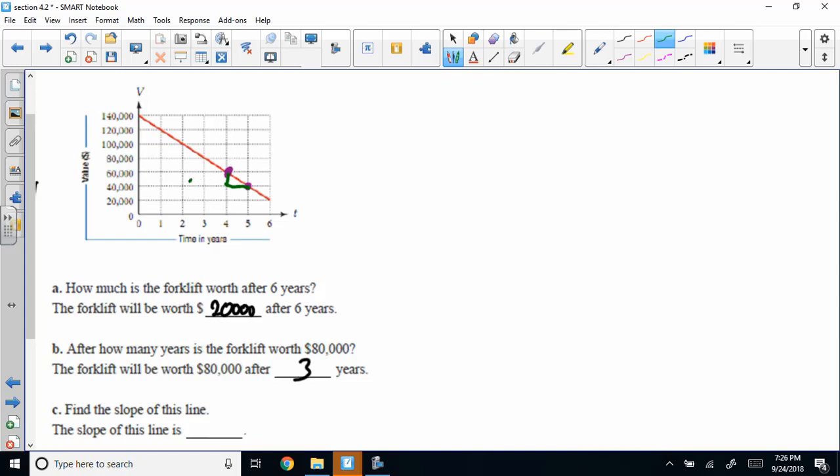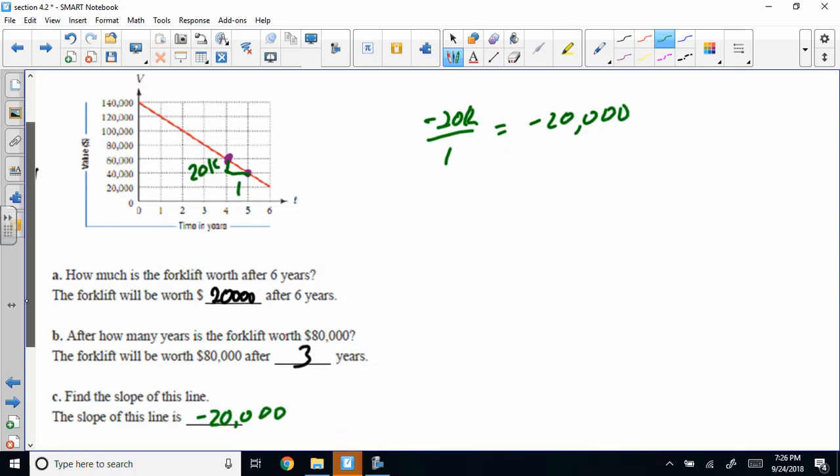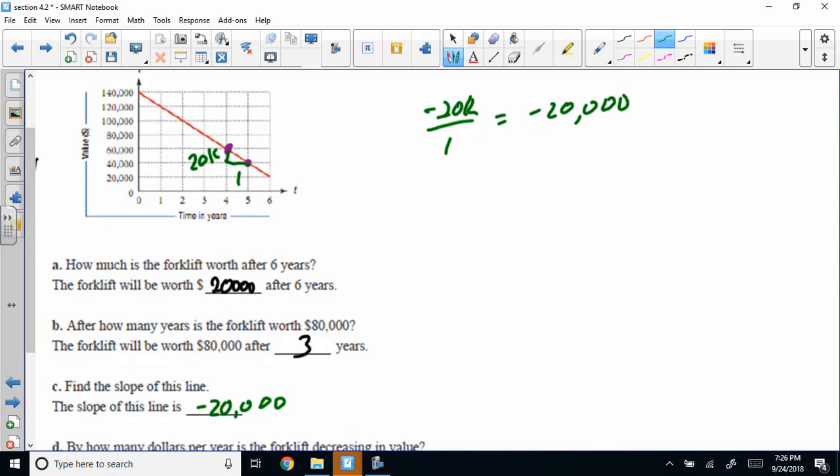That's the change of how much? 20,000, right? 20K. And then X is what? Negative 20,000, right? Y'all see how I've done that? How far did it go in the Y's over how far it went in the X's? And it's negative because it's decreasing, correct?